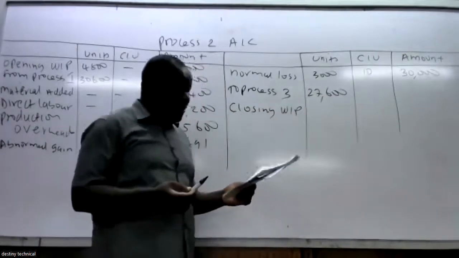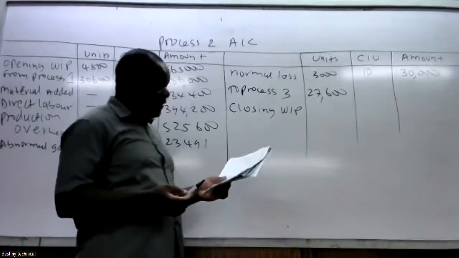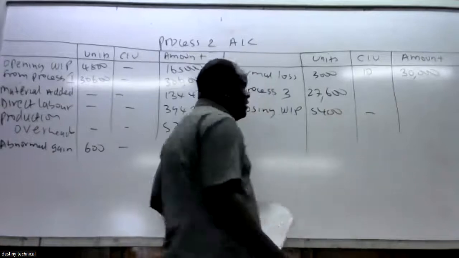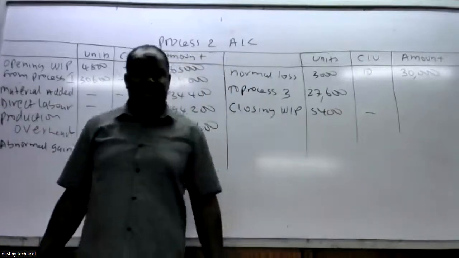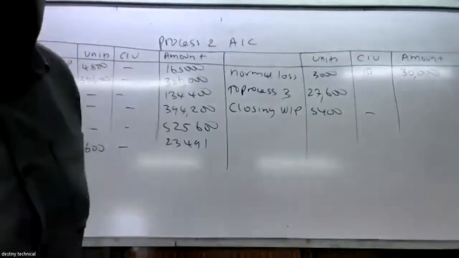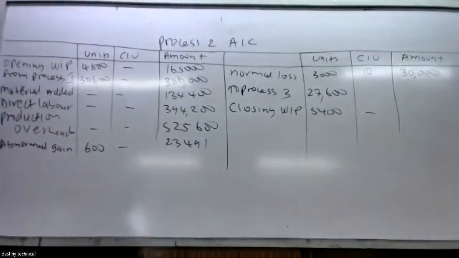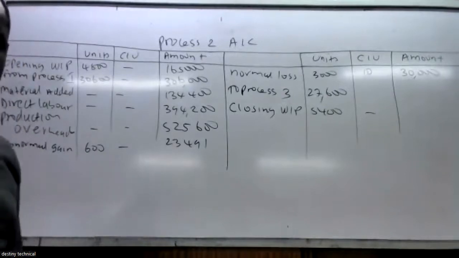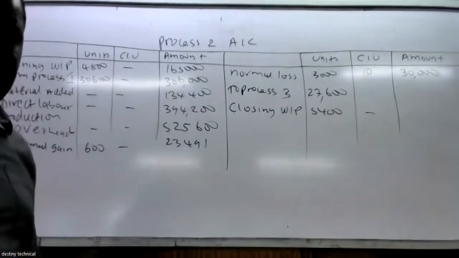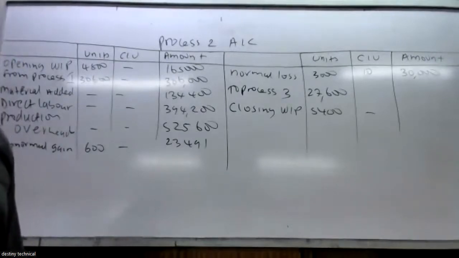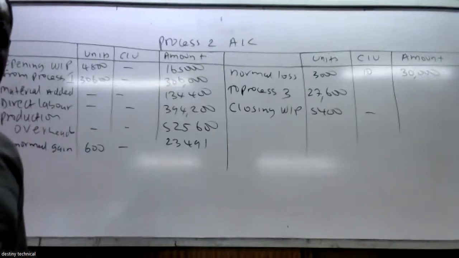So closing work in progress, there were 5,400. So we also did valuation for the closing work in progress. What figure were we able to get as the valuation for the closing work in progress? You have just calculated that figure a few minutes ago.